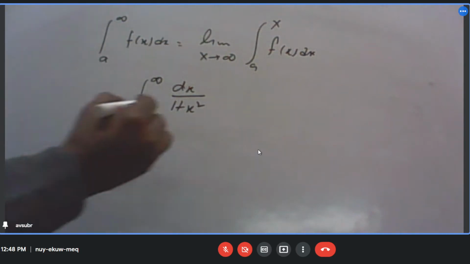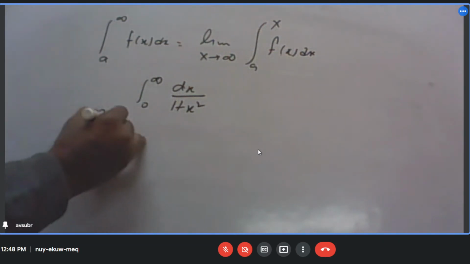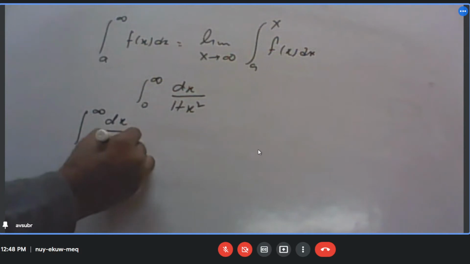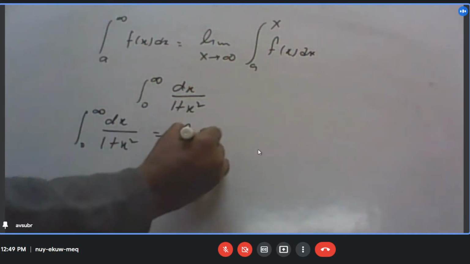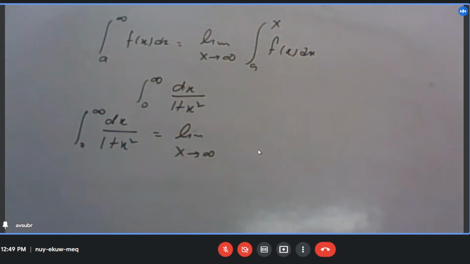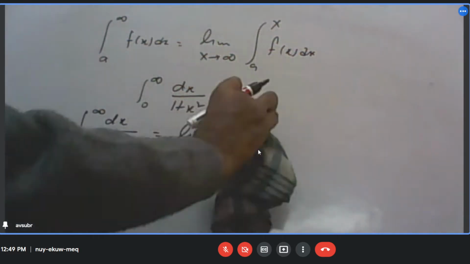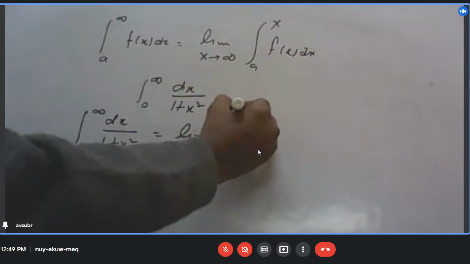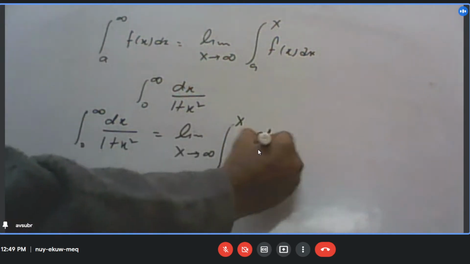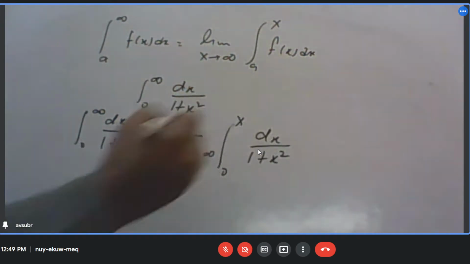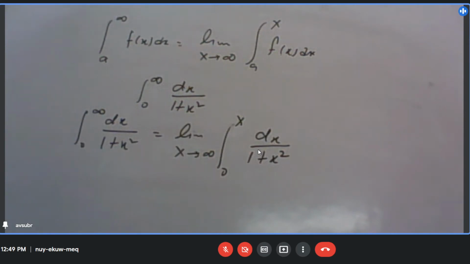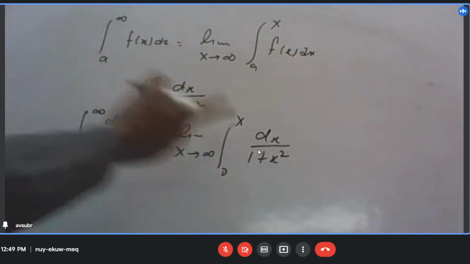Now I can write it down as the limit as x tends to infinity of the integral from 0 to x of dx by 1 plus x square. Can I write it down like this? Yes, sir. Now I can integrate it.